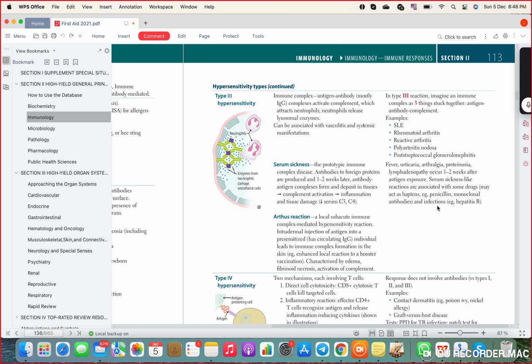Okay, good. Can you tell me regarding type 3 hypersensitivity reaction? We know that it's mediated by immune complex. What is an immune complex? Antigen, antibody, and complement, doc. Yes. What is the difference between serum sickness and Arthus reaction? Serum sickness occurs 7 to 14 days after the antigen attacks, doc.